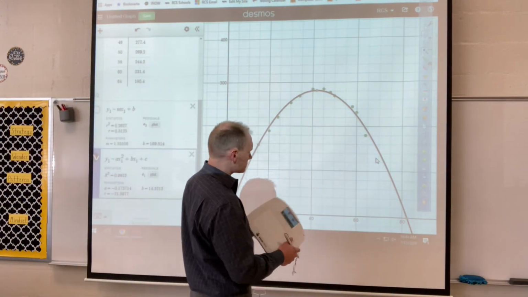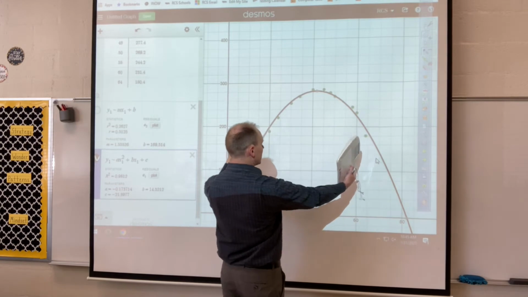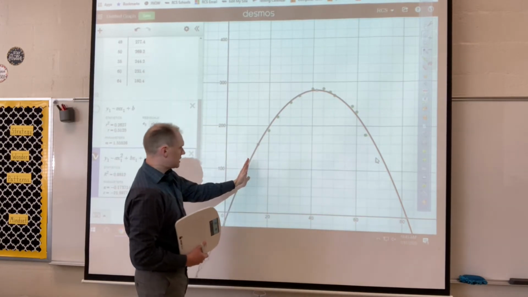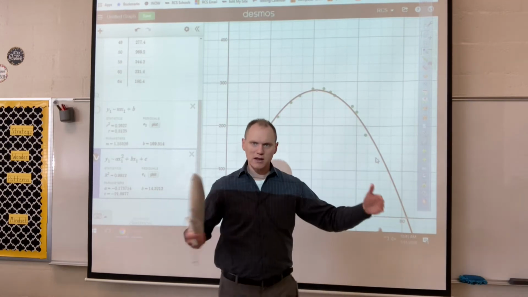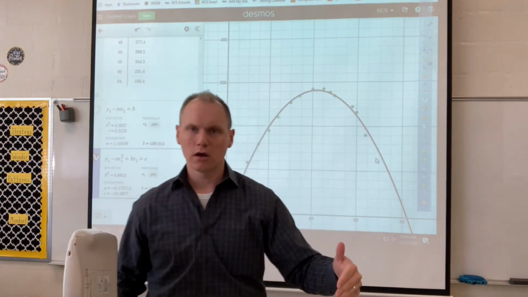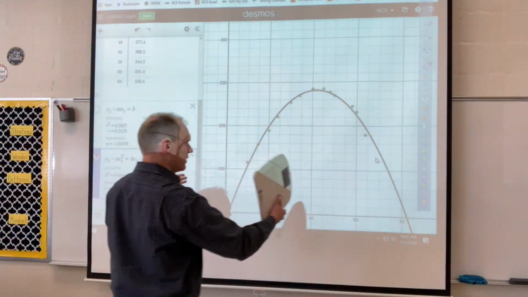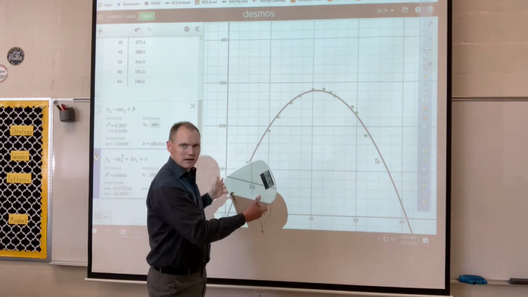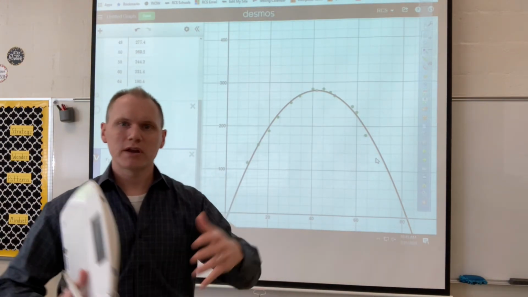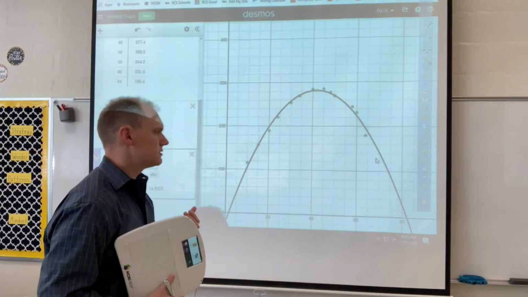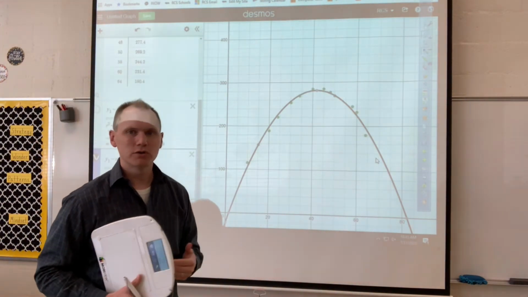Since I picked a point that's outside of the data, so the data runs from 10 to 64, since I picked 70, which is outside of that range, I guess it's the domain since we're talking about x, but outside of the data itself, we call it extrapolating. So we're extrapolating outside of the data, and it's not going to be as accurate when compared to interpolating.